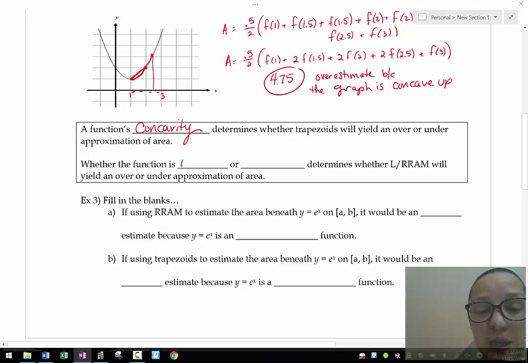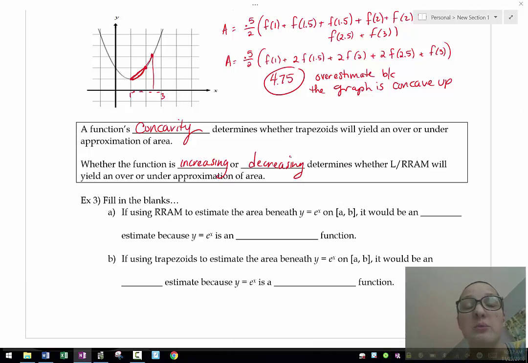Whether the function is increasing or decreasing determines whether RRAM or LRAM is an overestimate or an underestimate. So trapezoids and their over versus under depends on concavity. Rectangles over and under depends on increasing versus decreasing.